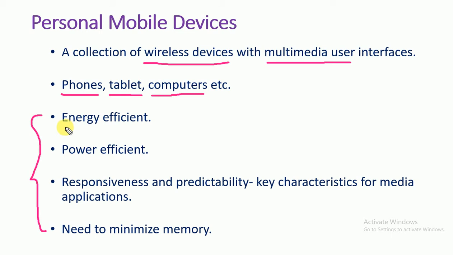First one is that it is energy efficient. Mobile devices can utilize energy more efficiently. As we know, mobile phones are charged by using a charger, and after charging, the power we give is utilized for the operations of that particular mobile device.